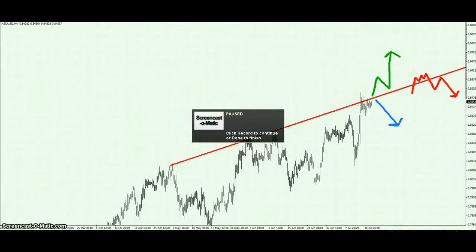There are, however, a number of ways it could play out. I've just drawn them on the chart there, and I'll be watching this one closely in the coming days to see how the picture develops, and depending on the price action I'll take my shots.